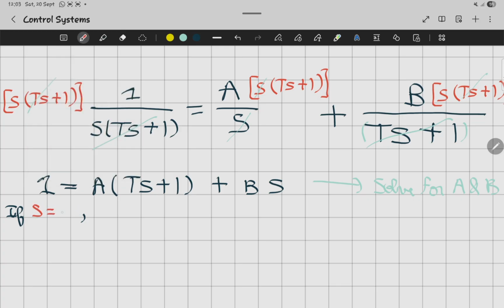s equal to 1. Okay, we're going to get 1 equal to a times (t plus 1) plus b.